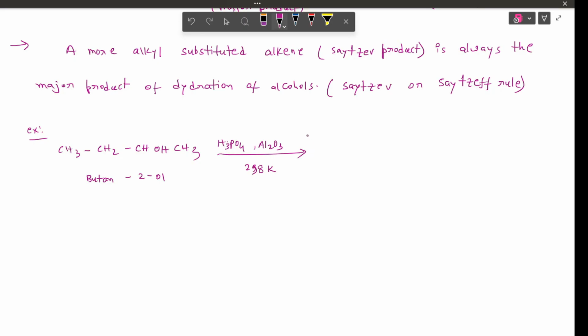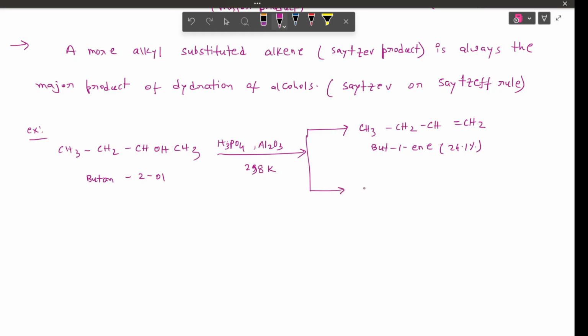So here two products will form. One is CH3, CH2, CH double bond CH2. This is but-1-ene. This product is 24.1%.